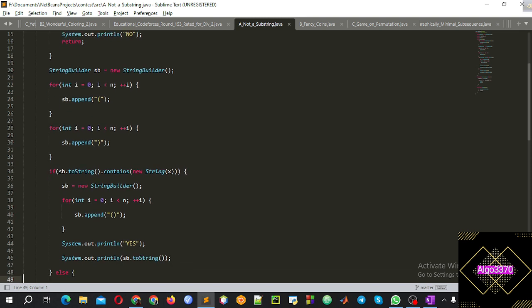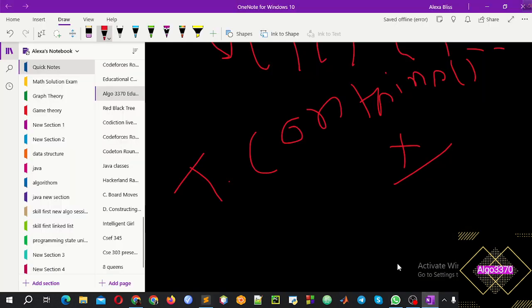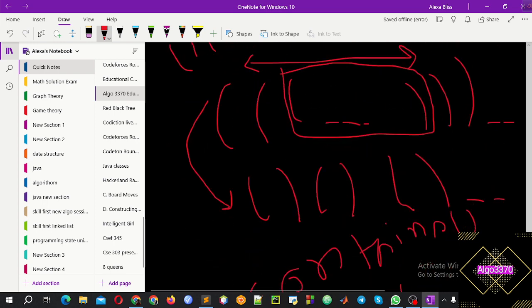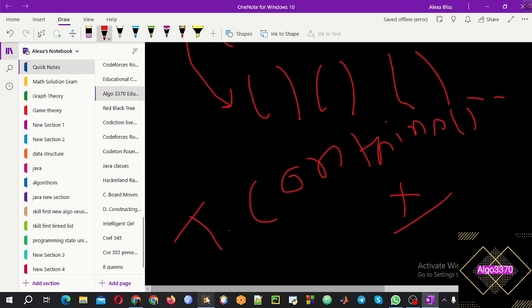If it is present in our constructed string, then we will create this type of pattern. Then this is our answer, and that answer is always valid.